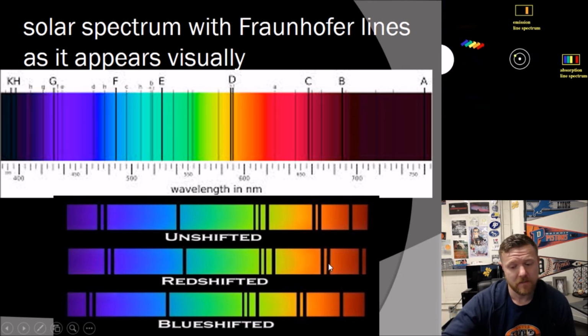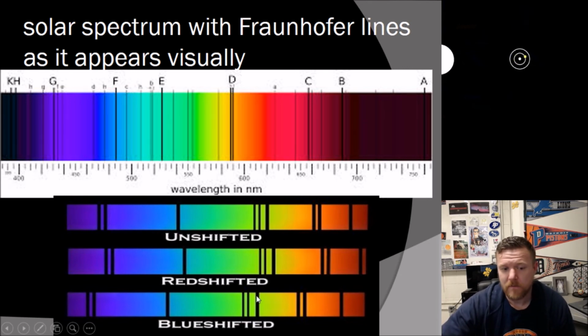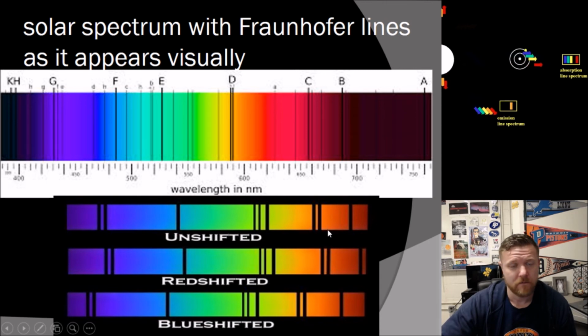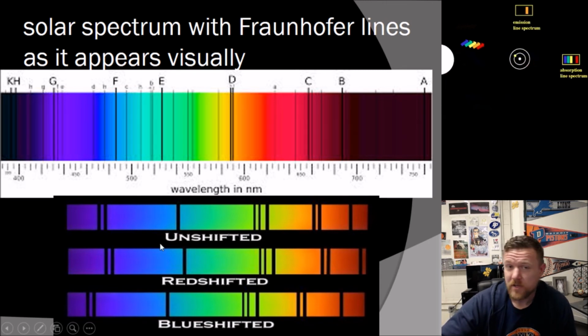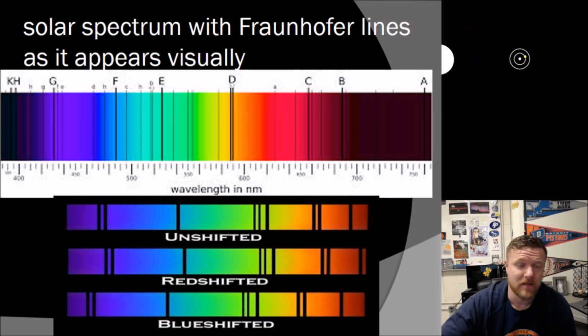If that object is coming towards us, well, these Fraunhofer lines are going to be shifted towards the blue end of the spectrum. That's what red shift and blue shift means. It's these Fraunhofer lines that are shifted either towards the red or blue end of the spectrum. Depending on how much they're shifted tells us how fast that object is either receding or approaching us.